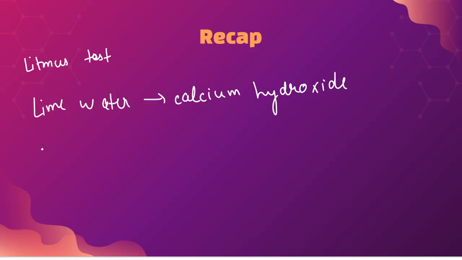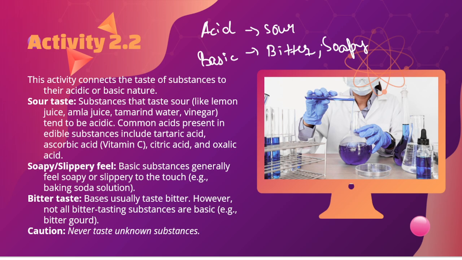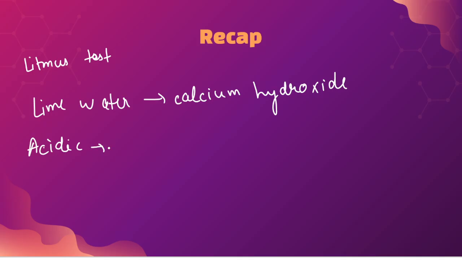Then we learned about the taste of acids, bases and salt. Activity 2.2: acidic substances are sour in taste, oxalic acid, citric acid.